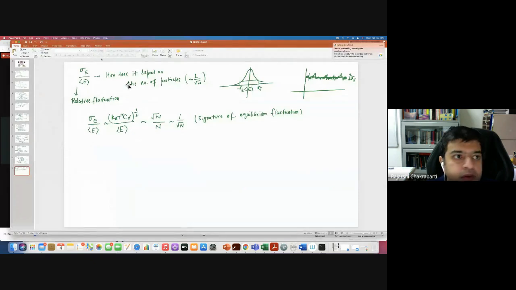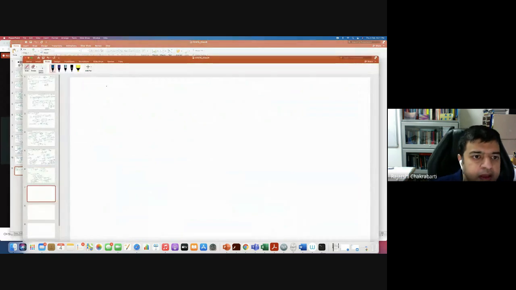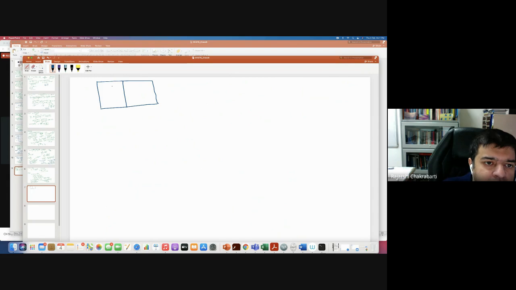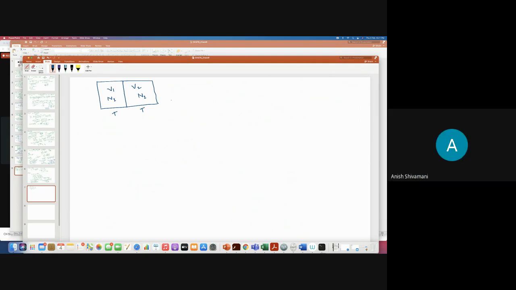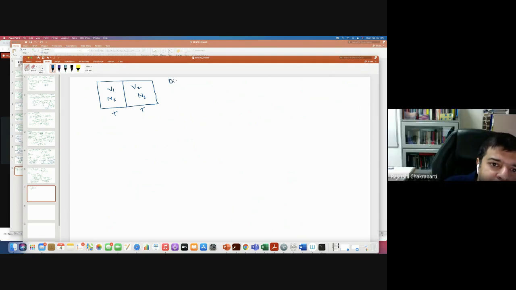I have a big box, could be a room, and I divide that box or room into two volumes. Both are at the same temperature T, and one volume is V1, the other volume is V2. I have n1 gas particles in volume V1 and n2 gas particles in volume V2. And these are distinct gases, molecules or gas molecules.